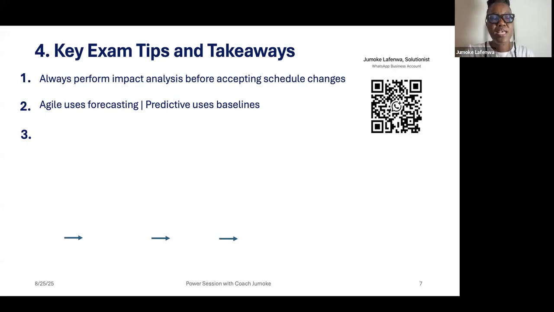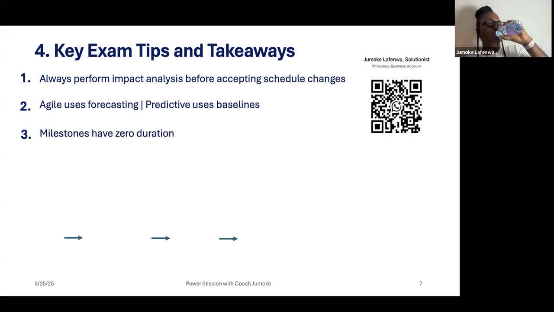And then two, agile uses forecasting. Predictive uses baseline. So when you see baseline, it's almost always for predictive. And then agile will use forecast that is listed in the product backlog. Milestones have zero duration. So completing foundation is zero.